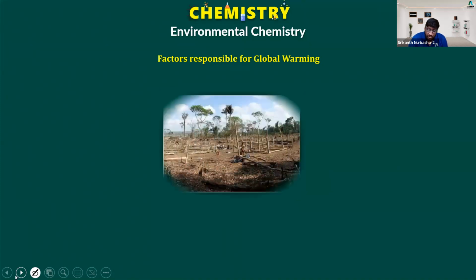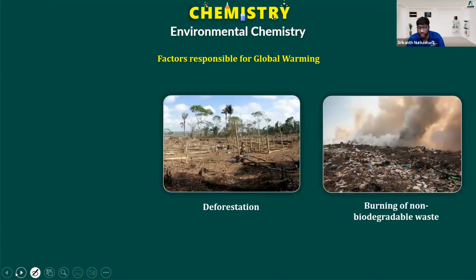So factors responsible for global warming: deforestation, DDT, all those uses, burning of non-biodegradable waste. This is also causing a lot of issues. You may think, sir, you are saying non-biodegradable wastes like plastics, I can simply heat them, then they are gone. But if you heat them, they are going to produce gases which affect the environment in another way.